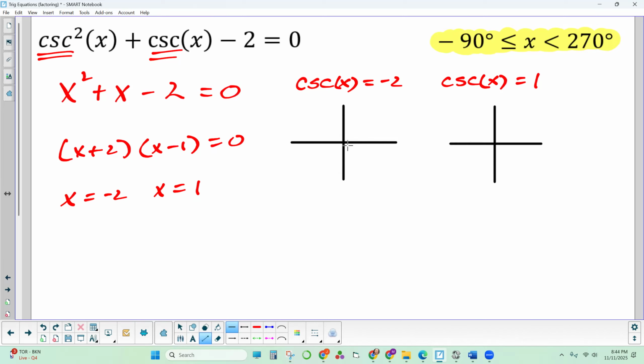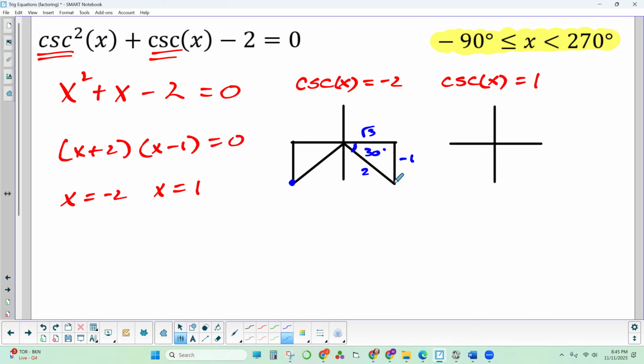Okay, cosecant is negative in quadrants 4 and 3. Cosecant is r over y. And you can see here that our reference angle is 30 degrees. All right.